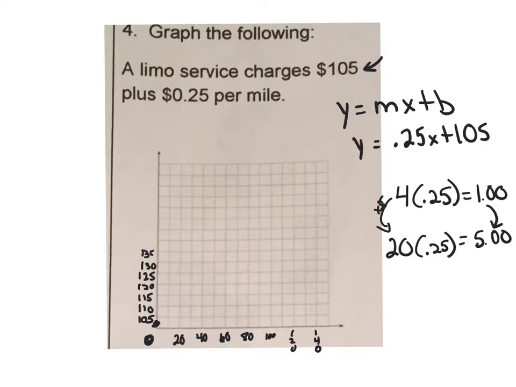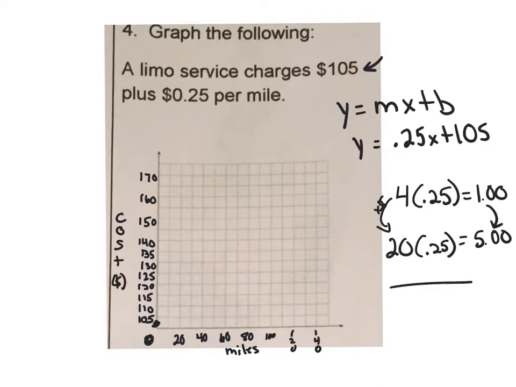So 135, 140, and then I'm going to just skip because these are really close. 150, that'd be 155, 160, 165, 170. And so this would be your miles, and this would be the cost to rent the limo.